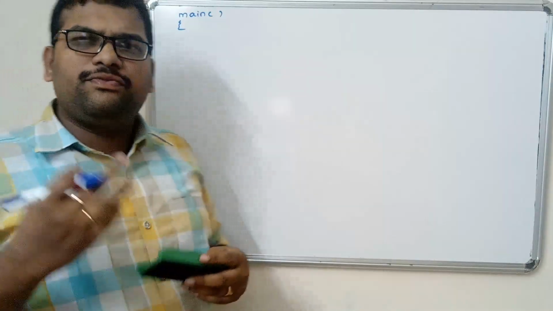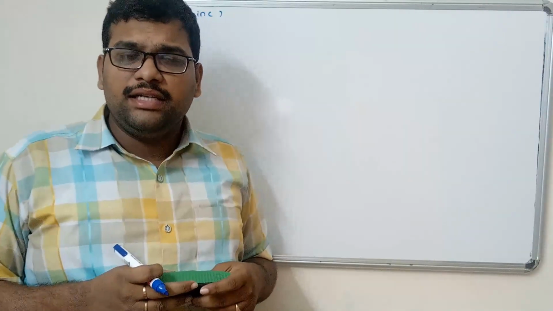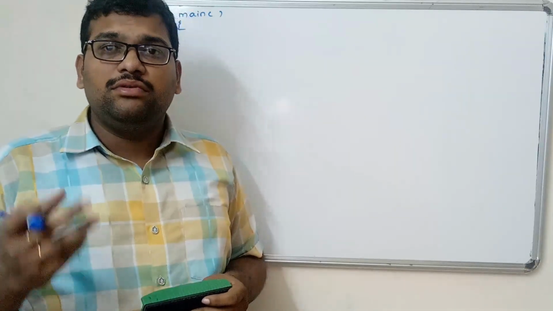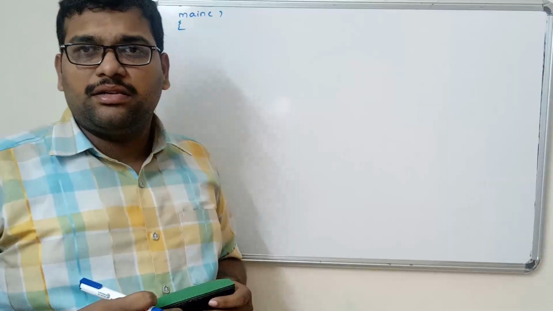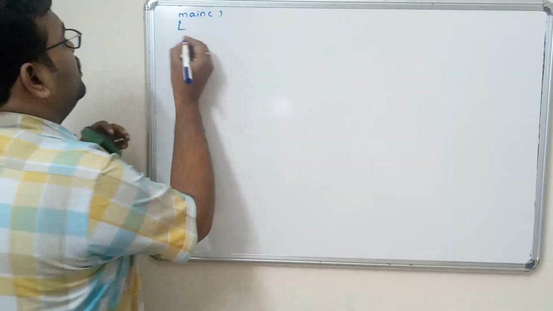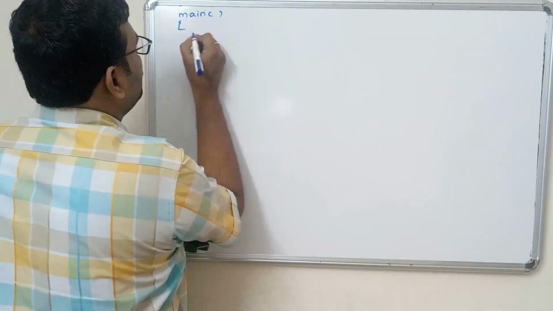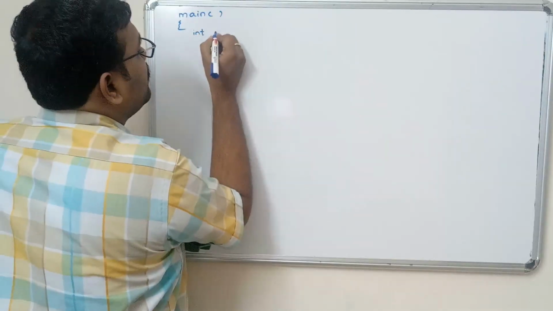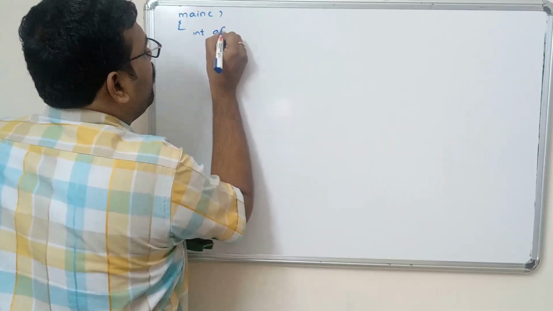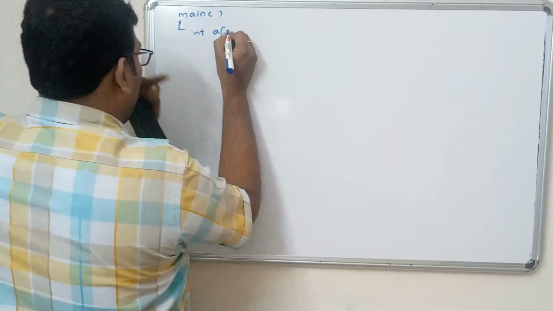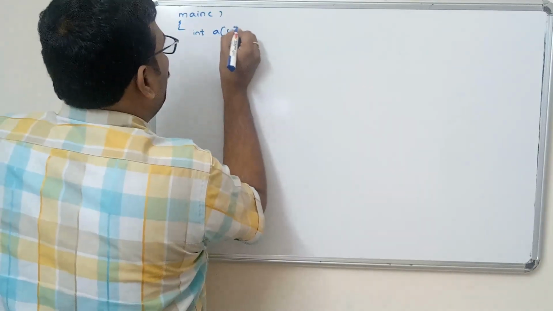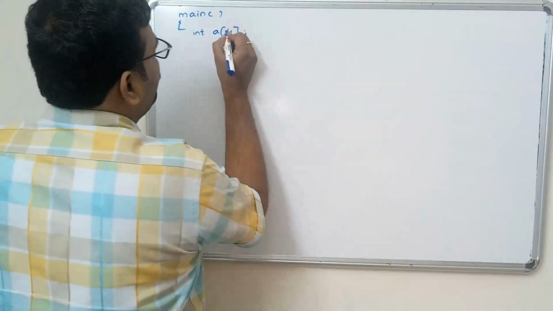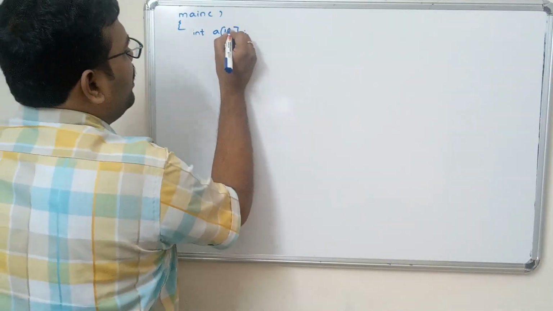First we have to declare a single dimensional array and its size, and then read the elements into the array. For example, let us write here: int a of 10.